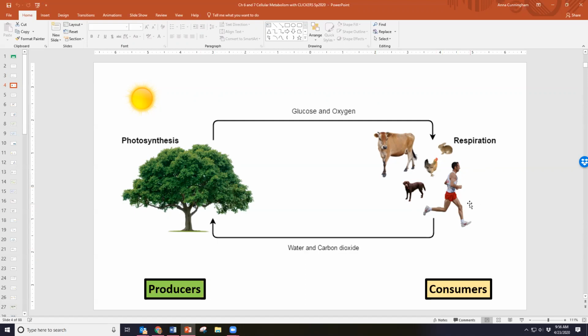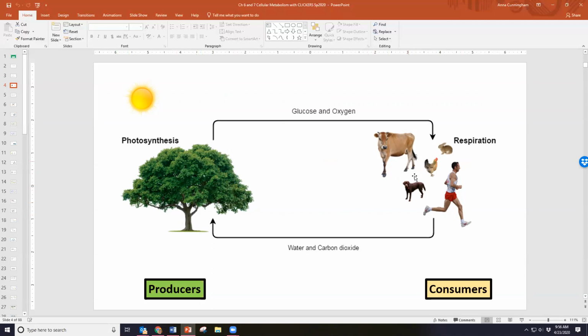I don't really love this slide because, as we will talk about, these organisms also do cellular respiration. So even though these organisms can do both of these processes, this entire cycle could be seen in this tree, these organisms cannot generate sugar.